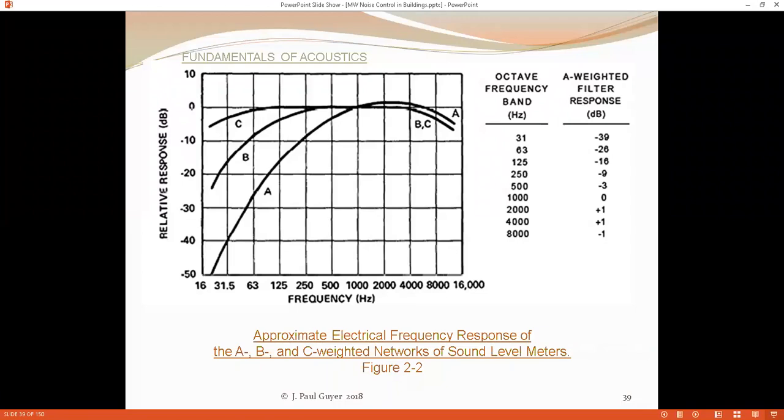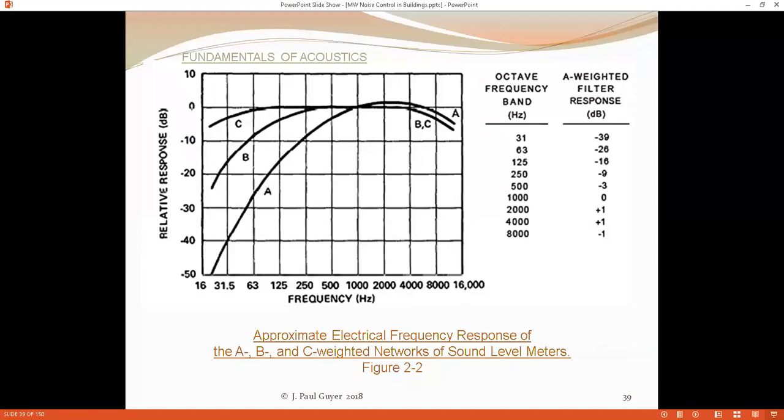So the A curve is mimicking the human ear. It ignores sound to a significant degree below 500 hertz, and it measures sound between 500 and 15,000 hertz because that's the part of the frequency spectrum where the human ear is most sensitive. Above 15,000, it just discards it.